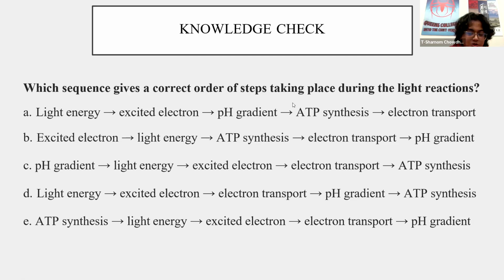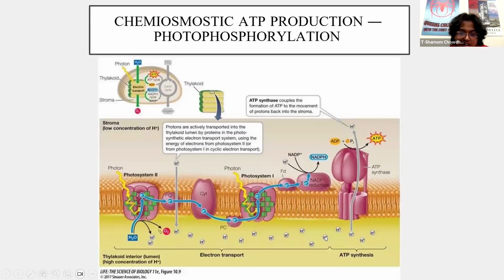All right, so 2 people responded, and both are correct. Light energy gets absorbed, it excites an electron, goes through the electron transfer chain, and creates a pH gradient. That pH gradient, as you see here, then goes through ATP synthase to create ATP.